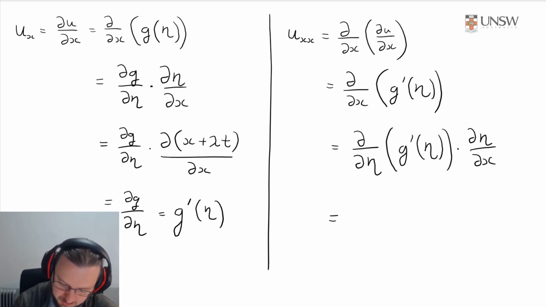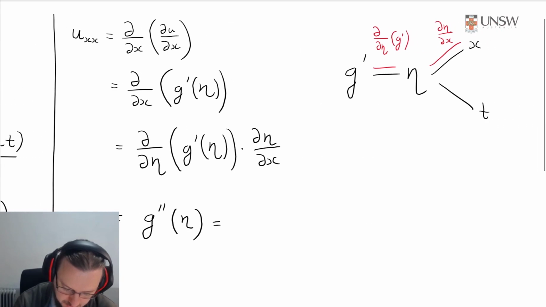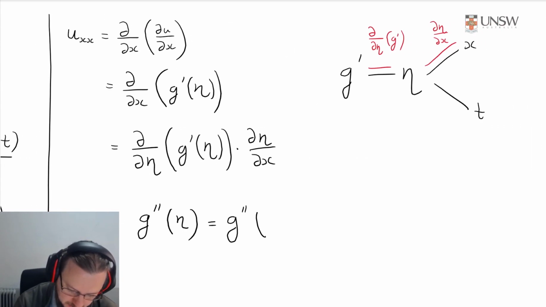So that is going to be the partial derivative, well, it's just going to be the partial derivative of this with respect to eta, which is going to be the second derivative of g at eta. And I can really just write this as the second derivative of g at my variable x plus lambda t.